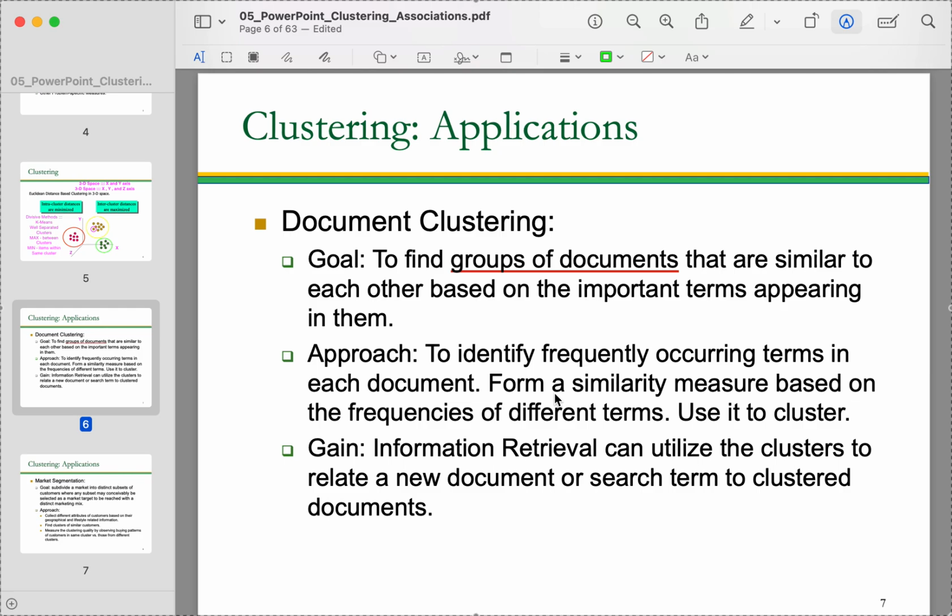So all the web pages that talk about pizza, food, and cooking and culinary arts would be grouped into the same cluster. All the pages that talk about recreational vehicles and traveling in nature, climbing mountains or trails would be grouped into another cluster. And all the web pages that talk about computer science and computer programming and data visualization would be grouped into a third cluster. So we could create groups of similar documents like this.